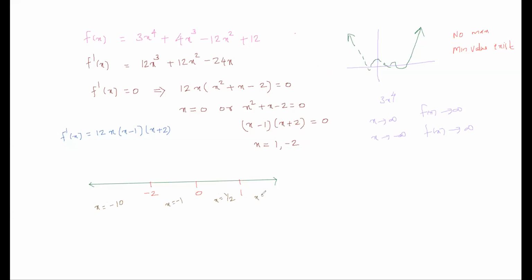Right side of 1, you take any point, say 10. Now check the sign. 12 is always positive, so just leave it. If it were negative we would have to think, but 12 is positive, just forget about that. So check the sign of the remaining three.